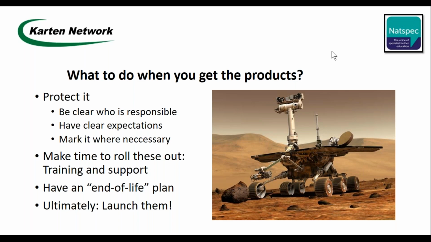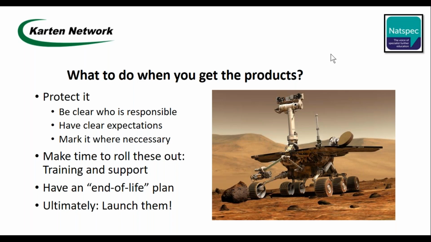And then the important question that we can't miss is what do you do when you get the products? We're actually looking in National Star. We're tagging our products now, and we're going to be putting them through an asset management system. But every different organisation has to decide how they're going to keep things safe. For us, we find things like switches and joy cables often go missing quite easily.